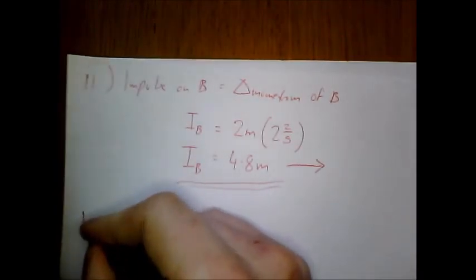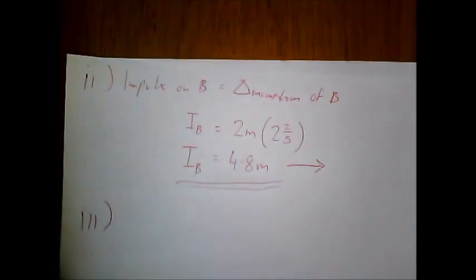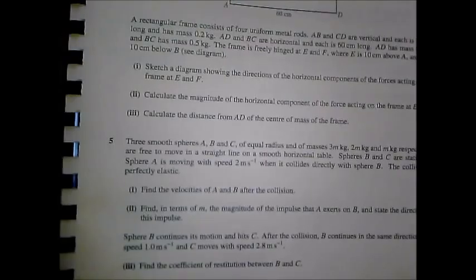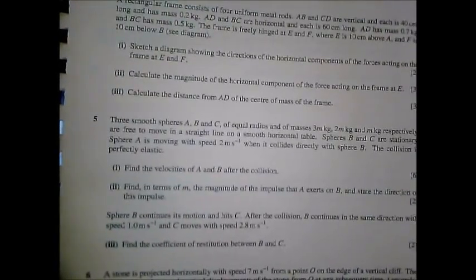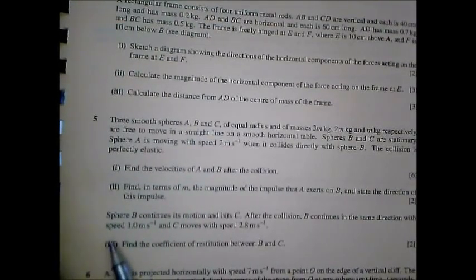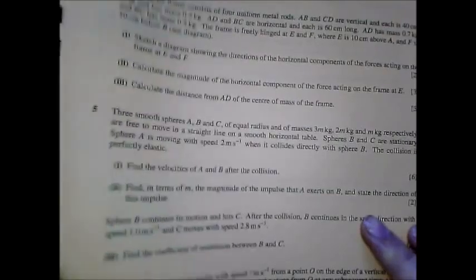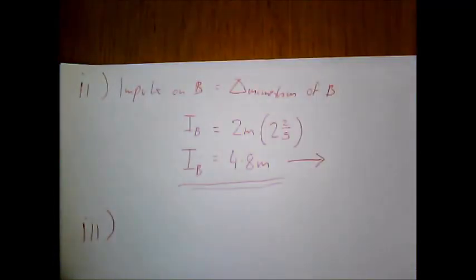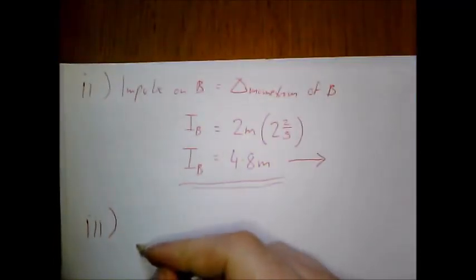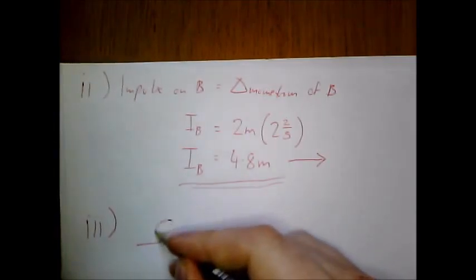And now for part 3. We're being asked to find the coefficient of restitution between B and C. Sphere B continues its motion and hits C, and after the collision B continues in the same direction with a speed of 1 meter per second, and C moves with a speed of 2.8 meters per second. So we'll do a new separate diagram here.